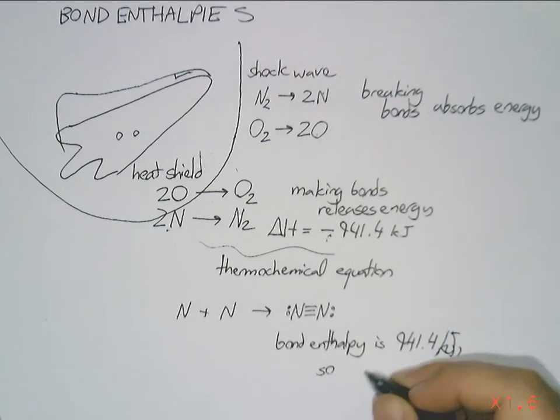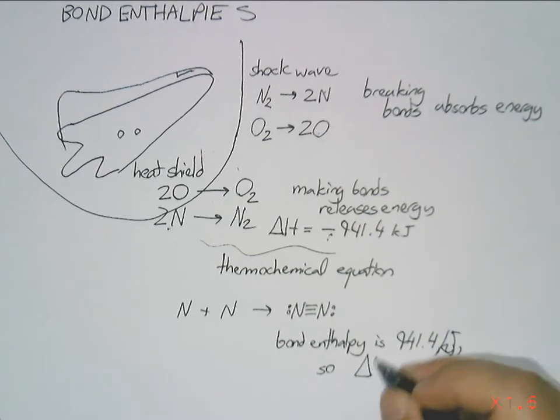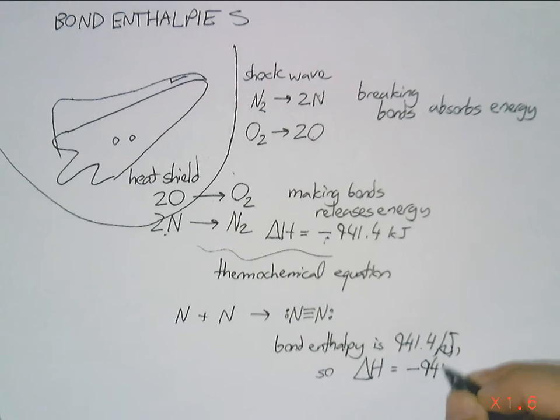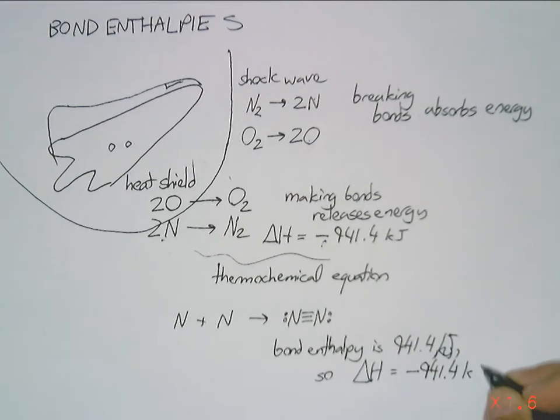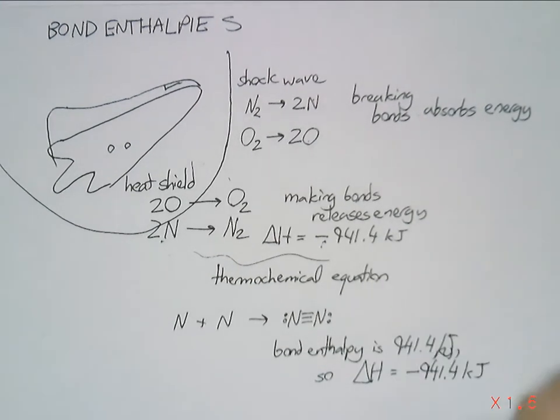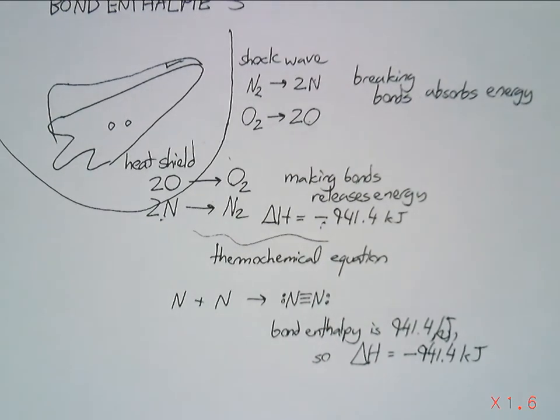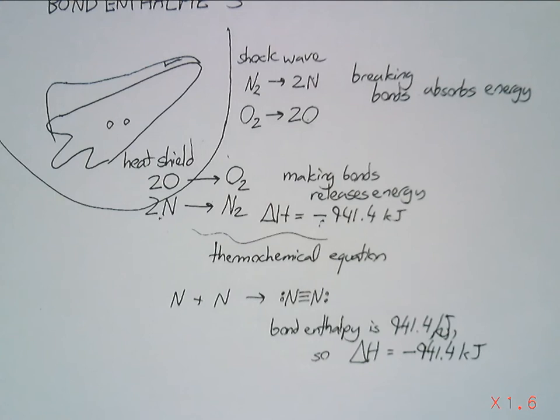So if I'm forming one bond, delta H is forming a bond that's worth this much. You can think of it as each different kind of bond you have can release or absorb a certain amount of energy. And if you look at your table in question 7 on this worksheet, you will see some of the values that you can have.